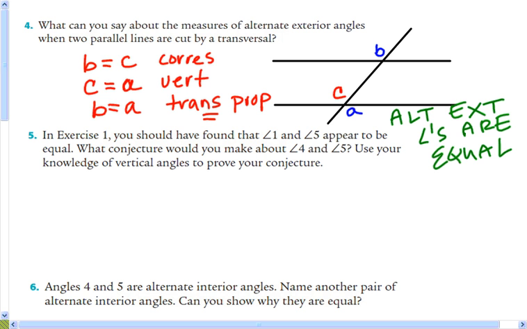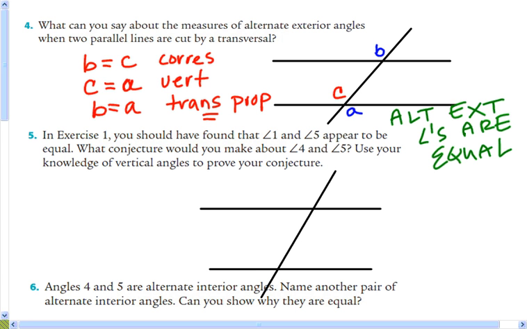All right, number 5. In exercise 1, you should have found that angle 1 and angle 5 appear to be equal. What conjecture can you make about angle 4 and angle 5? Use your knowledge of vertical angles. So I'm just going to quickly redraw that.